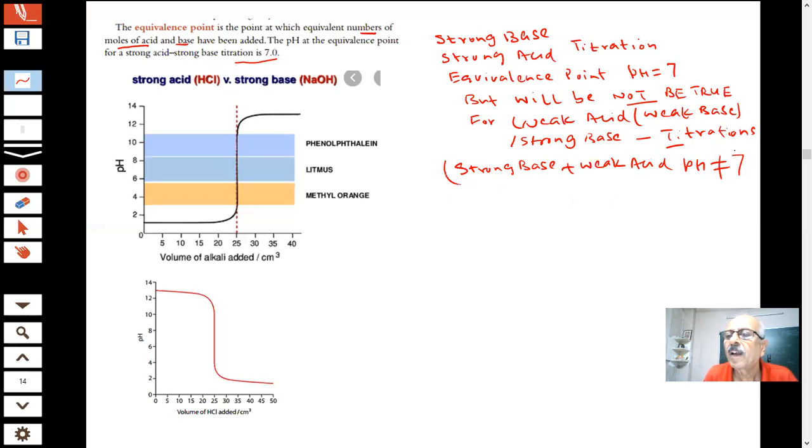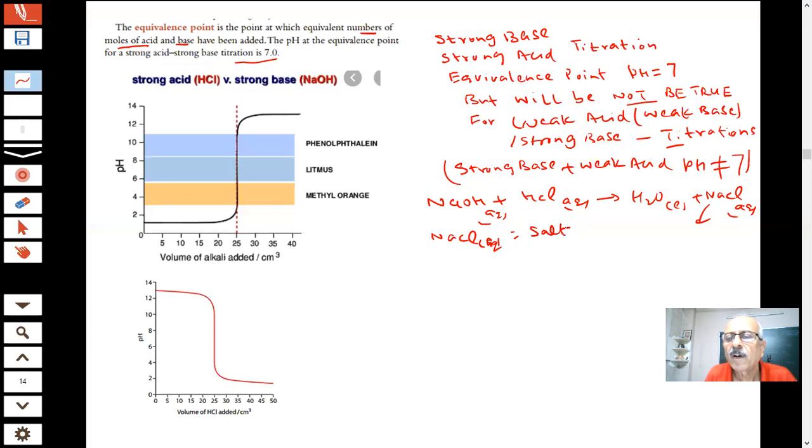In this reaction, let me tell you what has happened: NaOH plus HCl gives H2O plus NaCl aqueous. NaCl is a salt, dissolved in the water. This is a neutral salt.